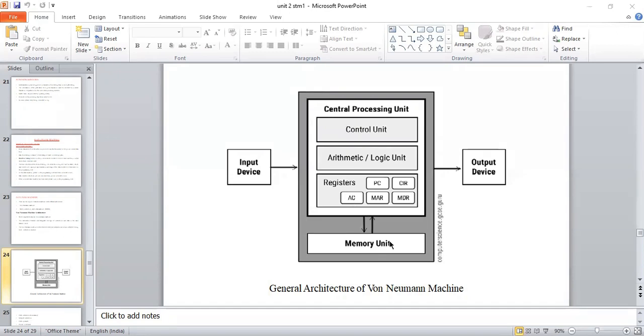The data for A and B will be stored in the memory unit, as well as the instruction, A plus B, which has to be stored in the same memory unit. That is the main point in the von Neumann machine.